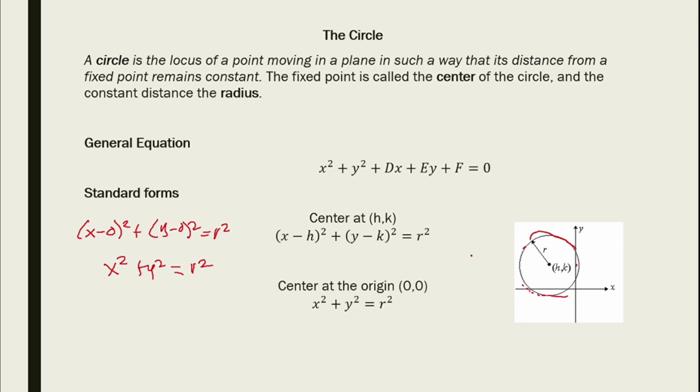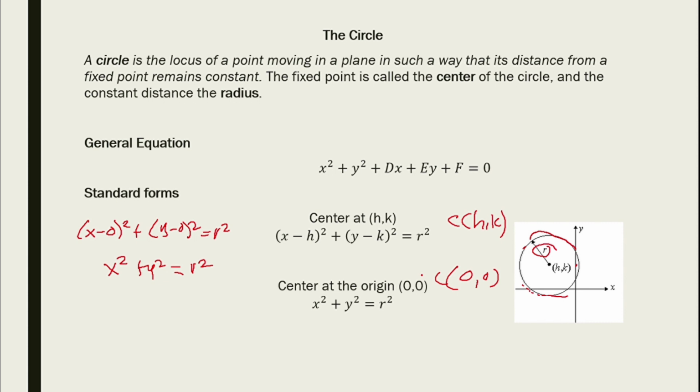This is the radius in any form, equal to a constant distance, which is r. This is (h, k), which is the center, and the center of this one is (0, 0). So this is the general equation and the standard forms of the circle.